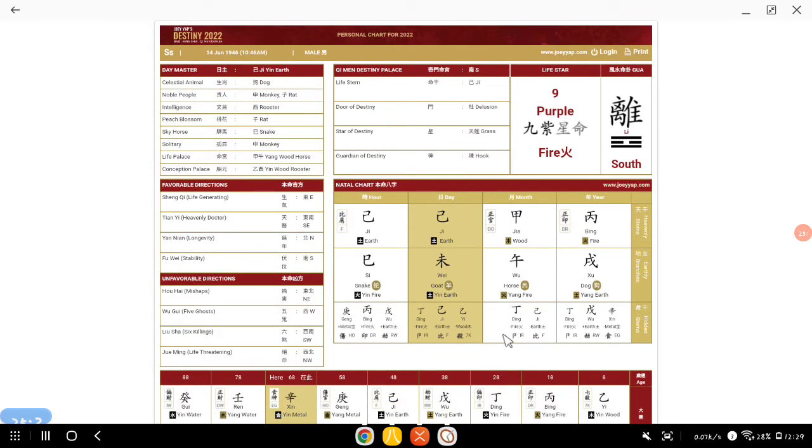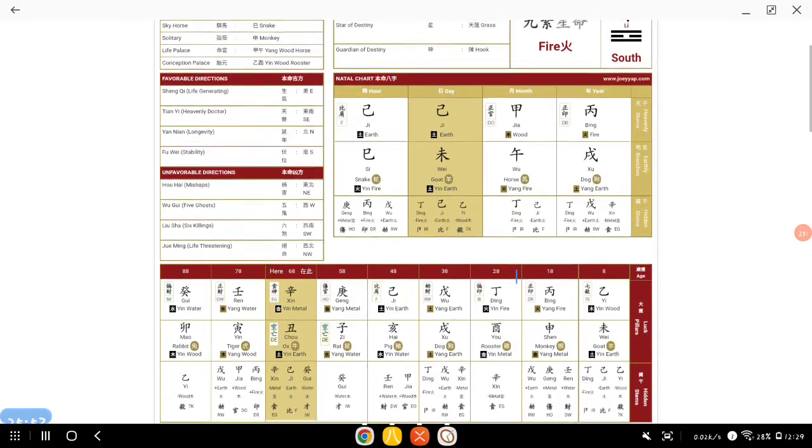And this is a special formation. This is the eagle formation, or we can say the following the earth fire formation. Okay, so this is one of the special formations.